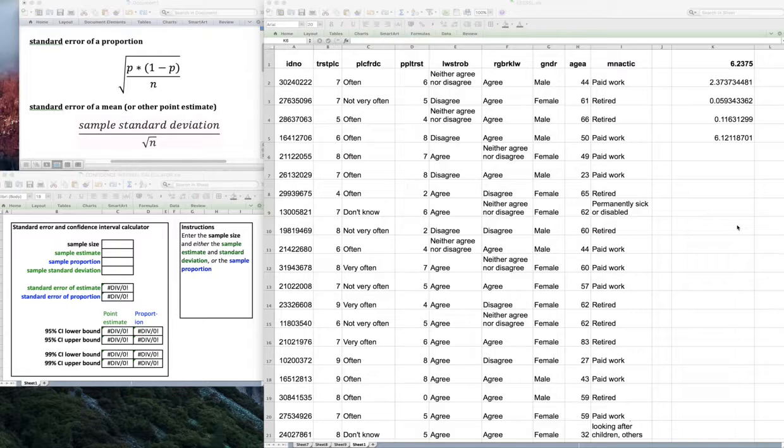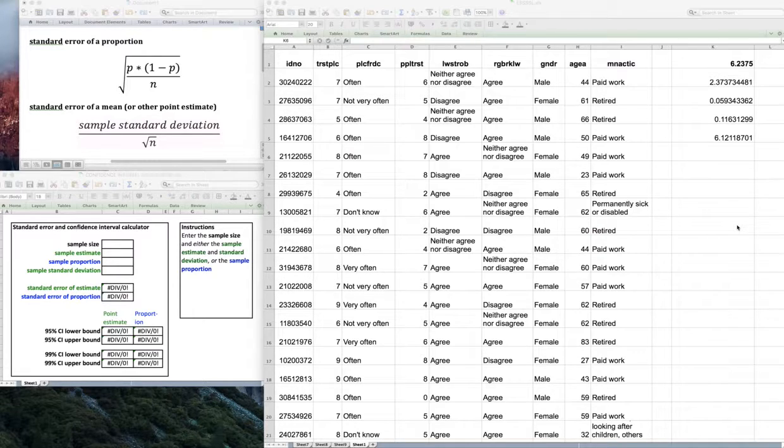You'll see that on the right hand side of my screen I've got the data set in Excel of ESS5SL that's got about 8 or 9 variables in it. And on the left hand side I've got a little reminder of the formula for calculating the standard error of a proportion and the standard error of a mean or other point estimate that you use in calculating confidence intervals.